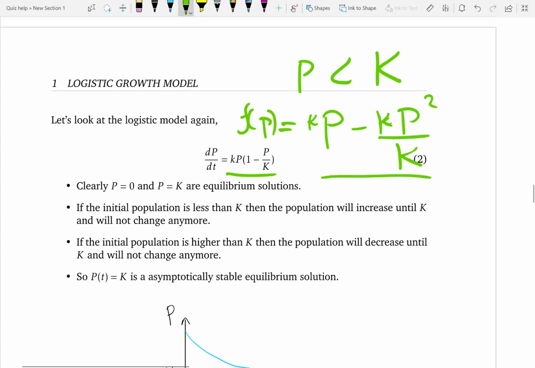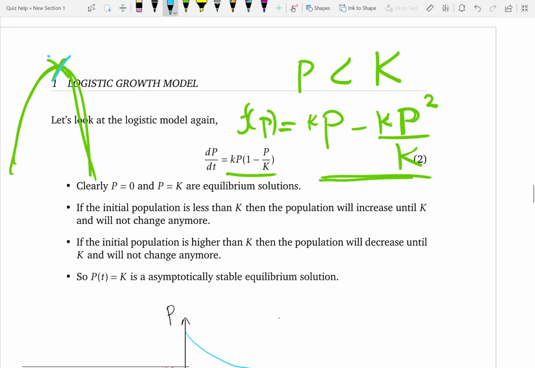Now this function, if you remember from basic calculus, is a quadratic function of P, right? So quadratic function, how does it look like? If you draw it, it's either a maximum parabola or a minimum parabola, right? If the coefficient in front of the P squared term is negative, then you have a maximum parabola. And let's find the vertex.